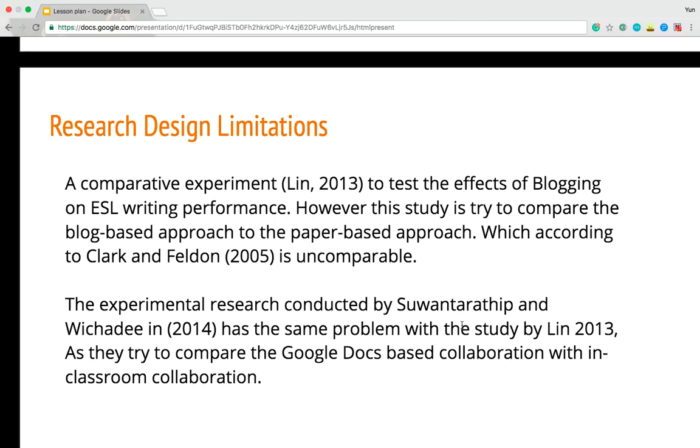Now, let's talk about the research design limitations. A comparative experiment by Lin 2013 tested the effects of blogging on ESL writing performance. However, these studies try to compare the blog-based approach to the paper-based approach, which according to Clark and Feldon is incomparable.